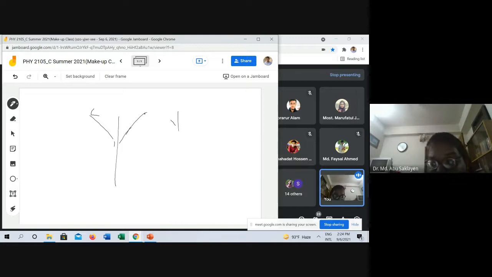বুঝতে পেরেছো আমার কথা? জি স্যার। And you will touch it and you will find it is what? That the temperature increases, right? Temperature increases.